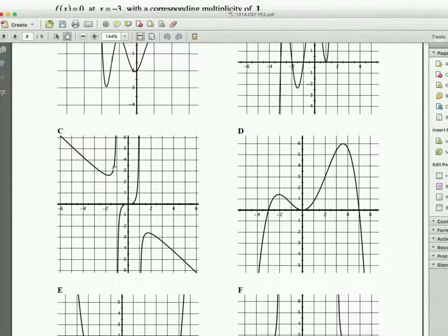And our vertical asymptotes are -1 and +1. And we have a slant asymptote because the graph appears to not want to touch a slanted line that we can imagine running through here. So our choice of graph is C.